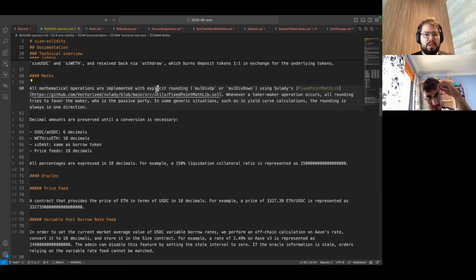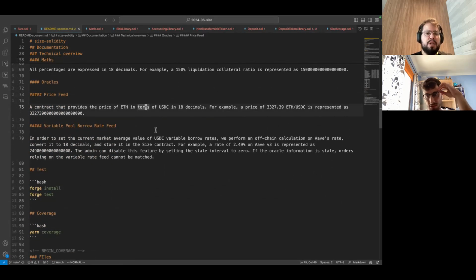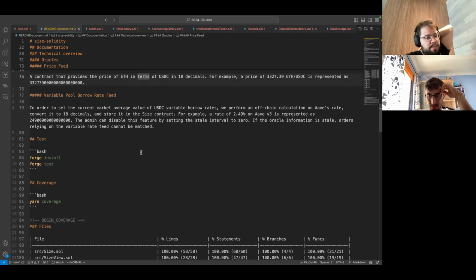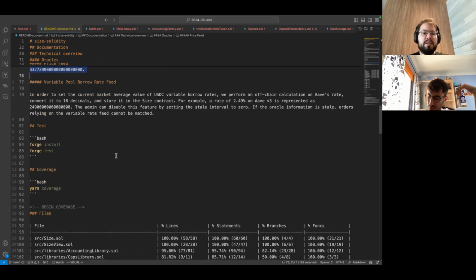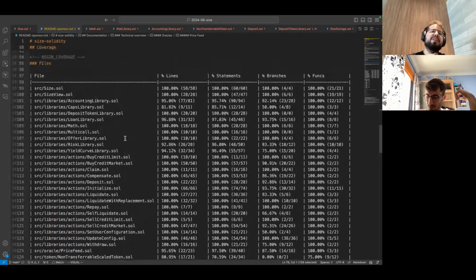Yeah. So we did this for all math operations. So for the Oracle, there is nothing very interesting here. It's like a standard Chainlink integration, basically. And what else? So this was also interesting.